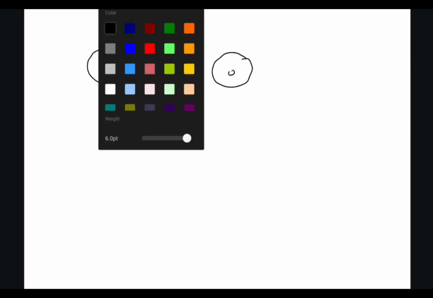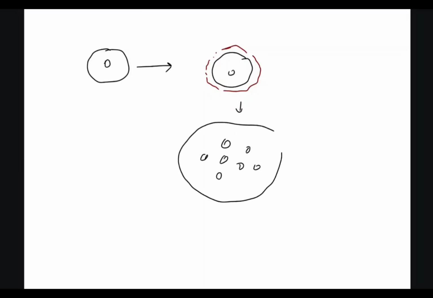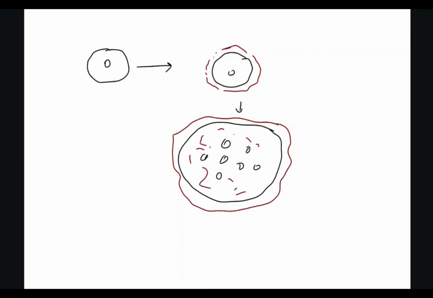So let's imagine there is a cell, and it met some unfavorable circumstances. Under unfavorable circumstances, this cell would develop an outer covering, and we call it a cyst. Once this is done, this cell will produce many nuclei inside the cyst, which won't go anywhere, and all the nuclei will be surrounded by a small amount of cytoplasm.